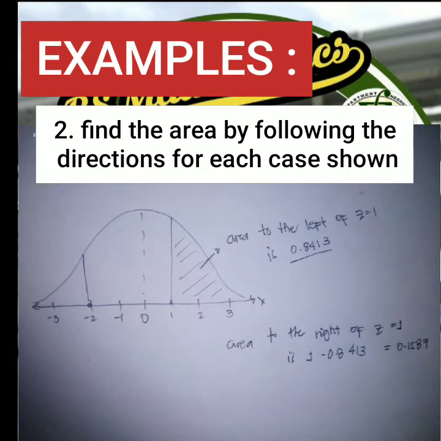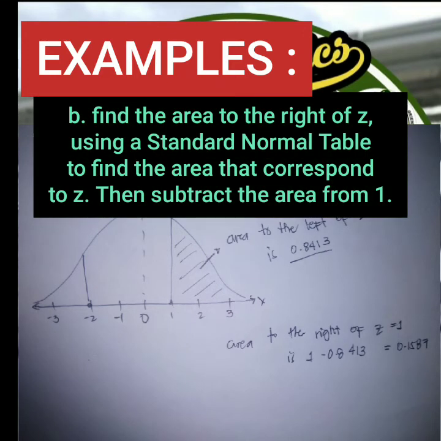So here in our example, the area to the left of z, which is equal to 1, is 0.8413. B. Find the area to the right of z by using a standard normal table to find the area that corresponds to z, then subtract the area from 1.